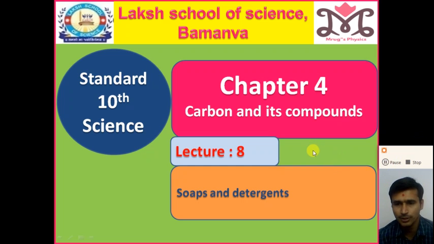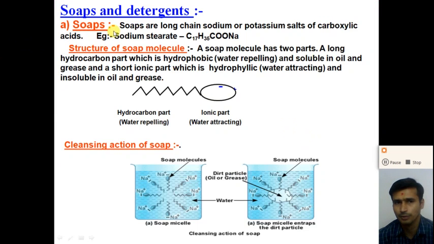So first of all, dear student, we discuss what soaps are. Soaps are long chain sodium or potassium salts of carboxylic acids, for example, sodium stearate, right? The molecular formula of sodium stearate is C17H35COONa.